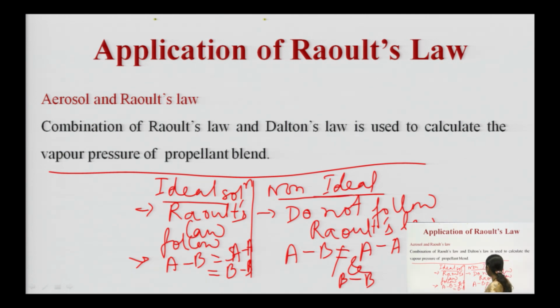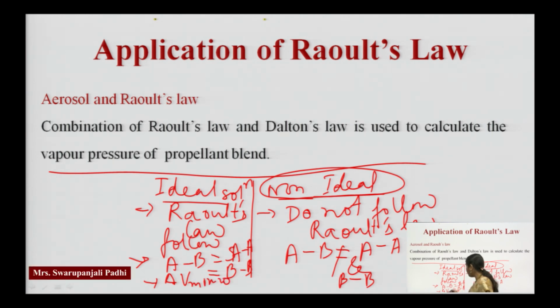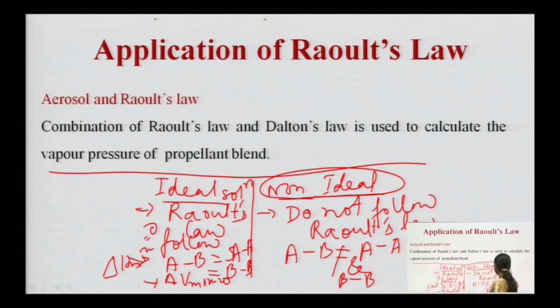So, in this case we get two deviations, that is positive deviation and negative deviation. And here del V mix is equal to 0 and del H mix is equal to 0. Here del V mix and del H mix are never equal to 0.